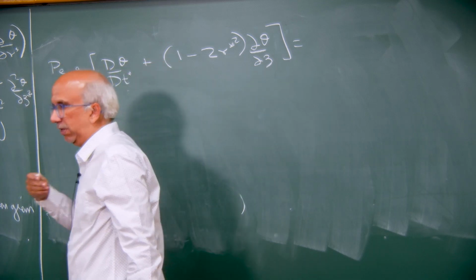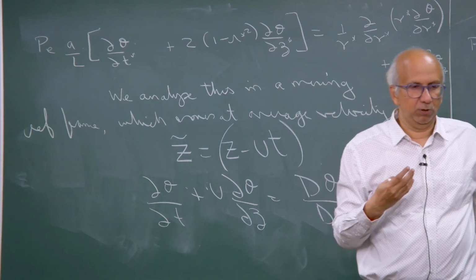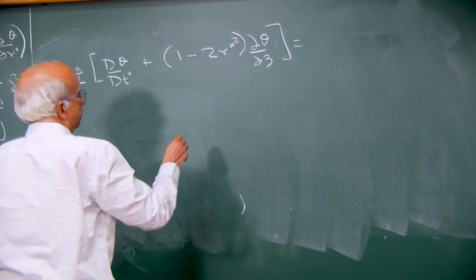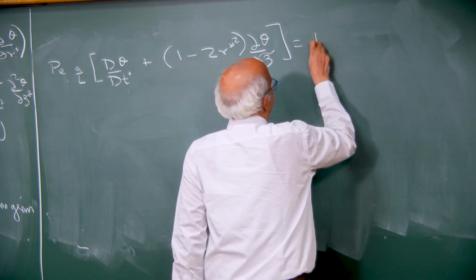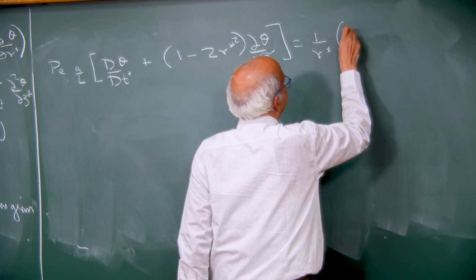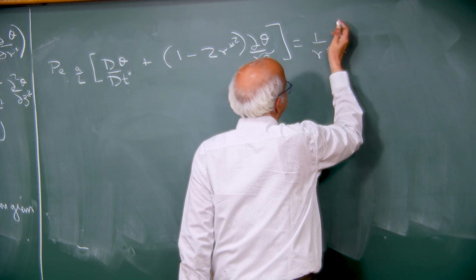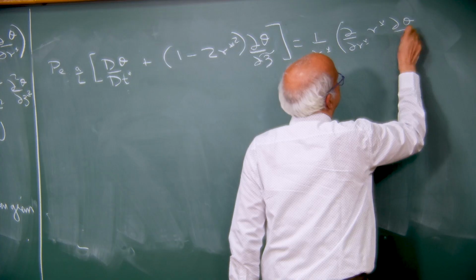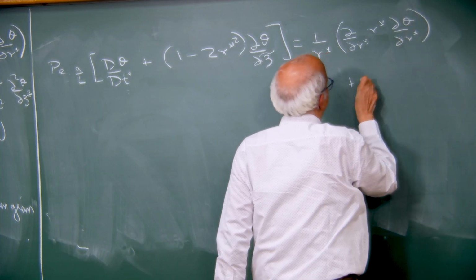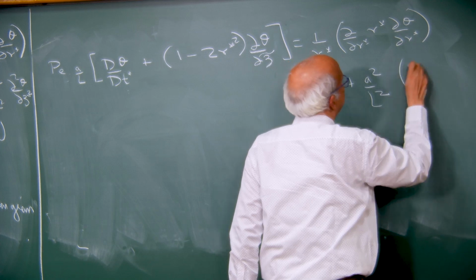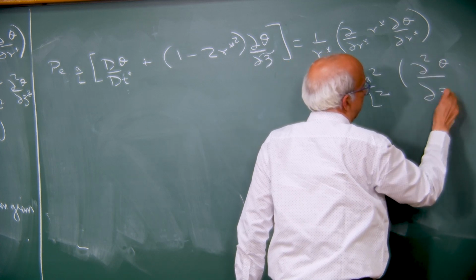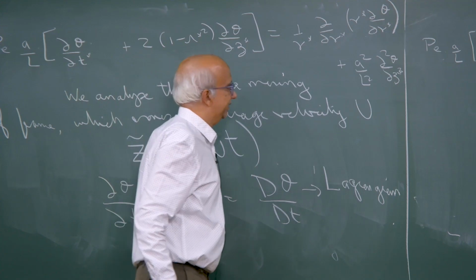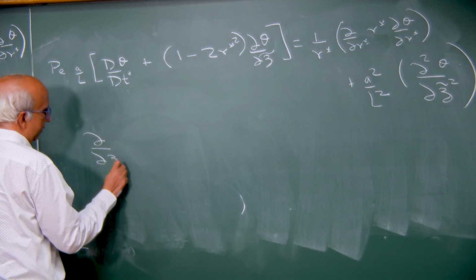And now because I have the moving reference frame, Z does not make any sense, Z is only valid for the stationary reference frame. So, I am going to convert this to Z tilde. Why? Because look at this, d by dz will be the same as d by dz tilde.